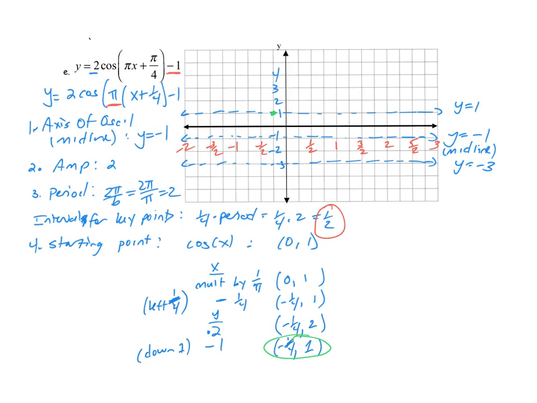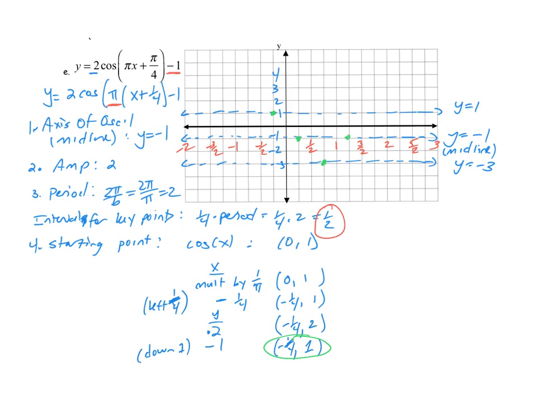And then every half unit, so that's going to be every 2 squares, I'm going to get a new key point. So I'm going to be at 1/4, -1, and then 3/4, -3, and then 1 1/4 back to the midline.